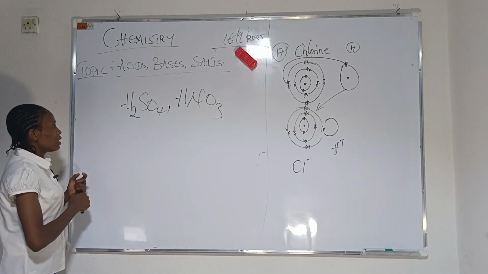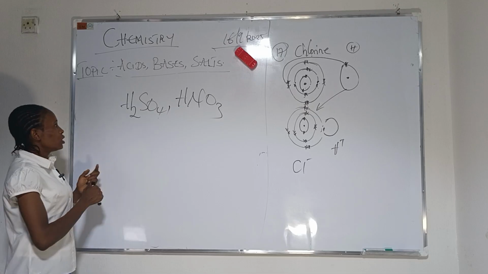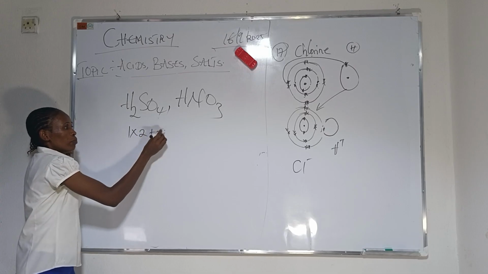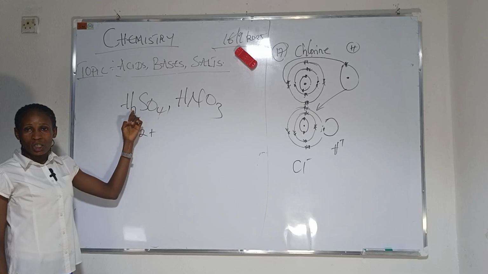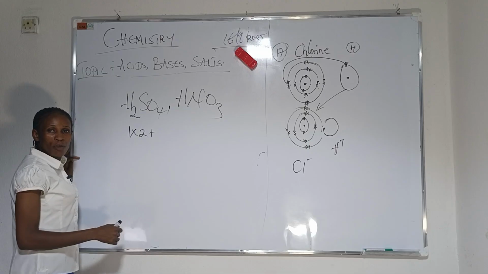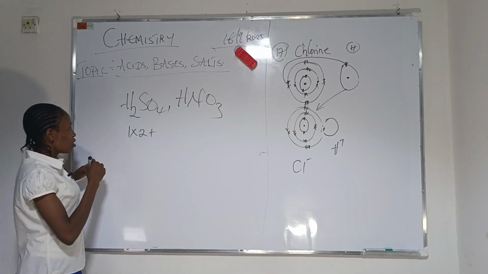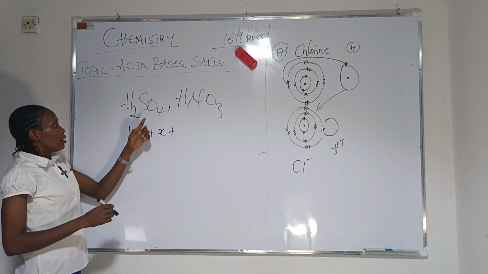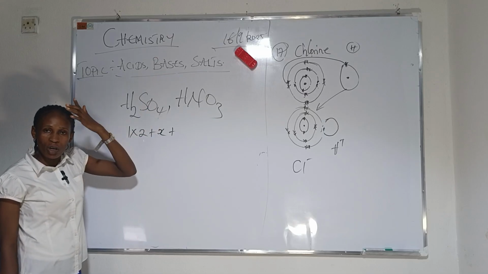All right, let me continue. Hydrogen has an oxidation number of 1. So I will do 1 times 2. Why am I saying 1 times 2? Because of this 2 that is coming as a subscript. Sulfur is what I am looking for. I don't know it, so I can designate it as X. Then plus, oxygen has an oxidation number of minus 2.